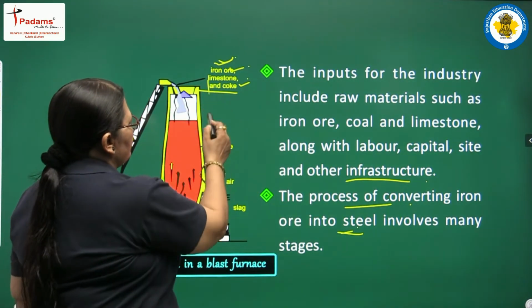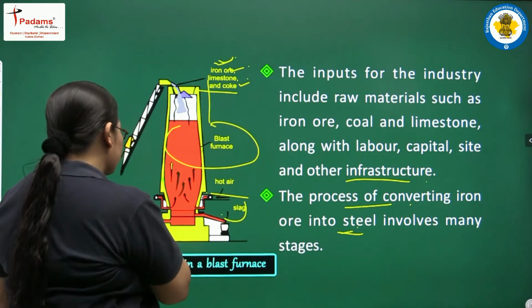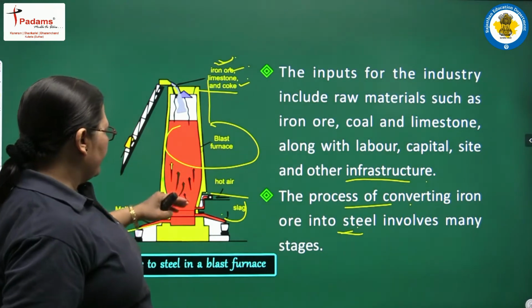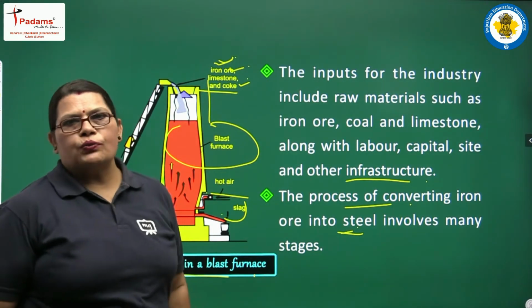See, there is a blast furnace, hot air is coming in, slags are there and molten iron is there. So, this is iron ore to steel in a blast furnace.